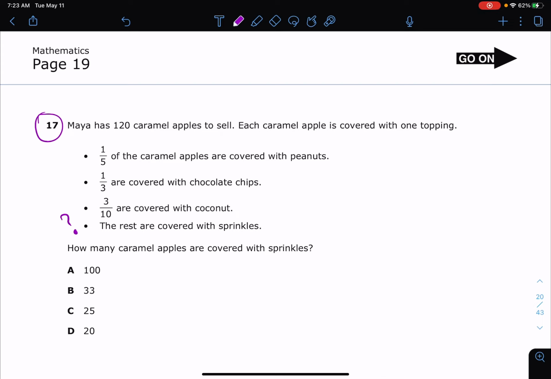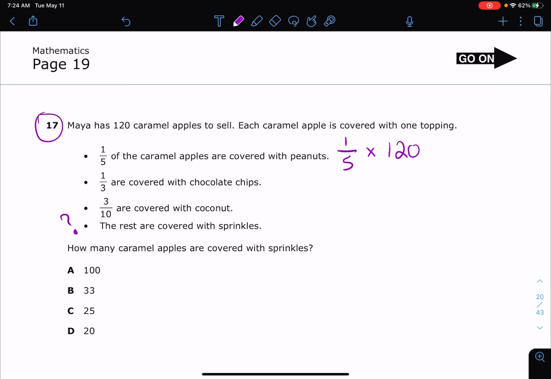So all you do here is you multiply the fractions. Nada más multiplican las fracciones with the number, with the total. 1/5 times 120. Porque 1/5 de las 120, because 1/5 of the 120 have peanuts, tienen cacahuates.